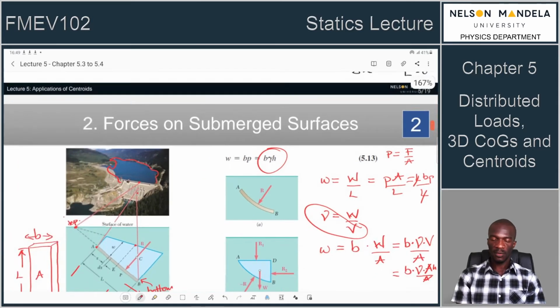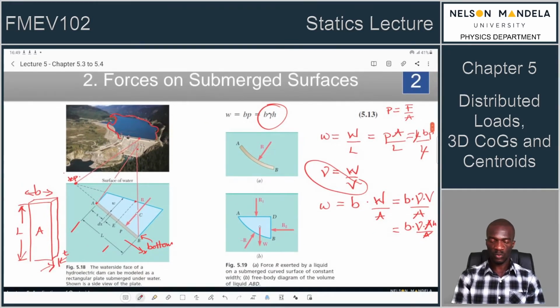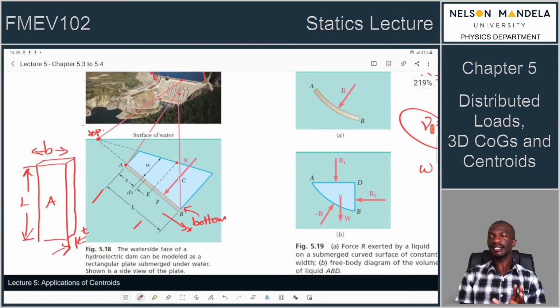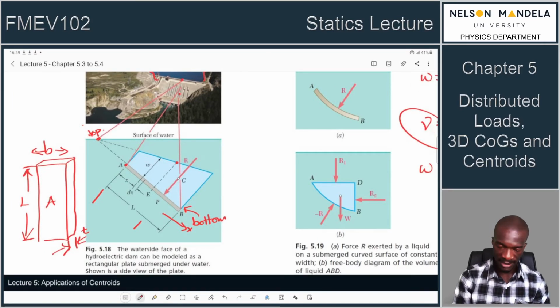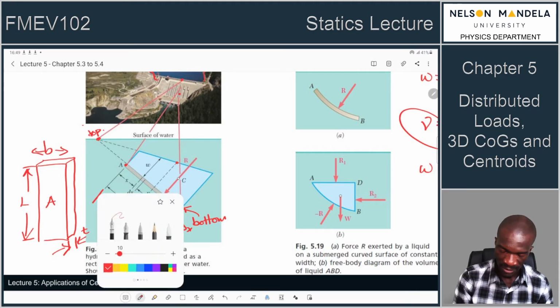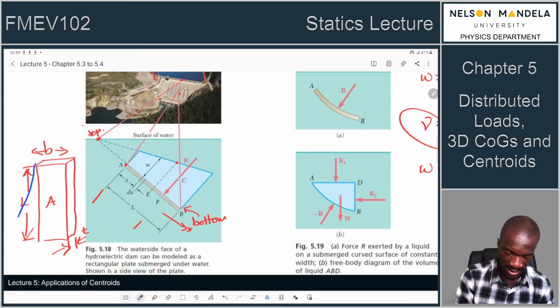Therefore, when we are analyzing the dam, we remember that our distributed load of the water is in such a form.